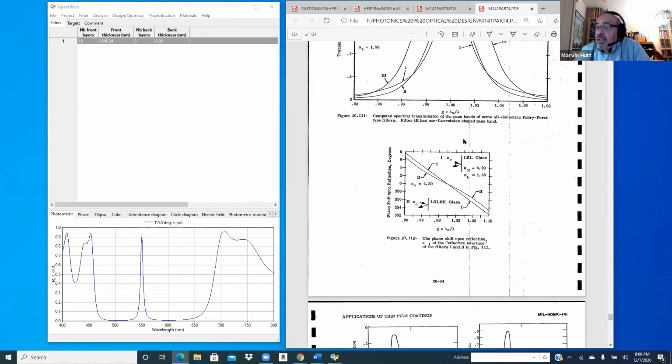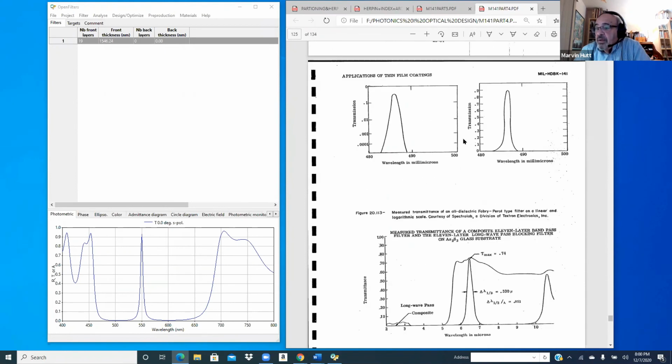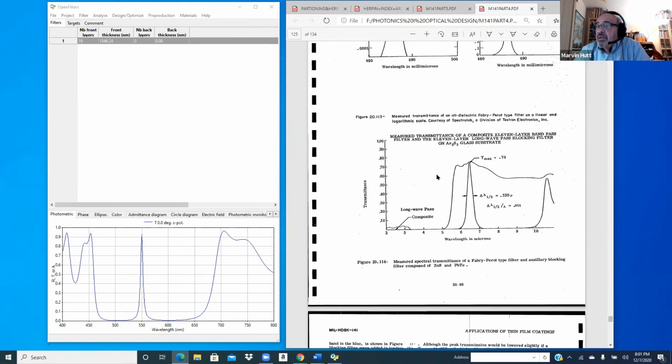It's 8 o'clock. I've talked myself pretty much out. Here is a composite filter, an 11-layer bandpass filter with an 11-layer long pass filter blocking on arsenic trisulfide glass. So the composite is here on the glass, okay?